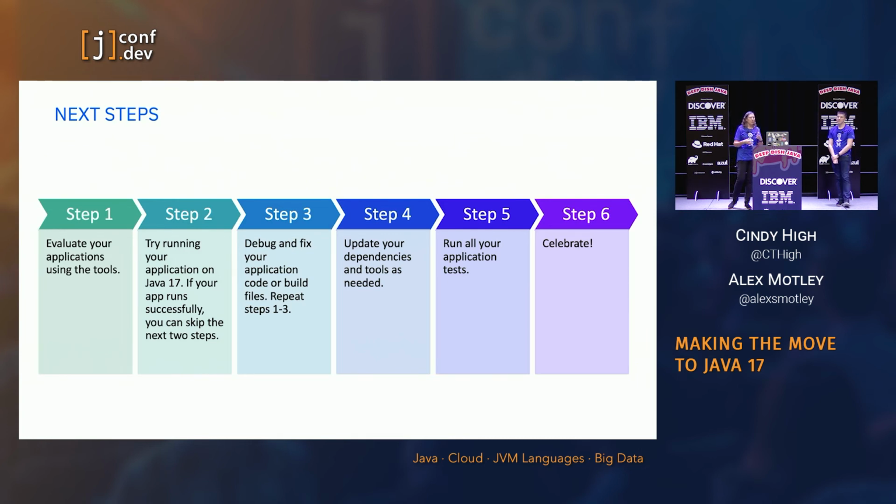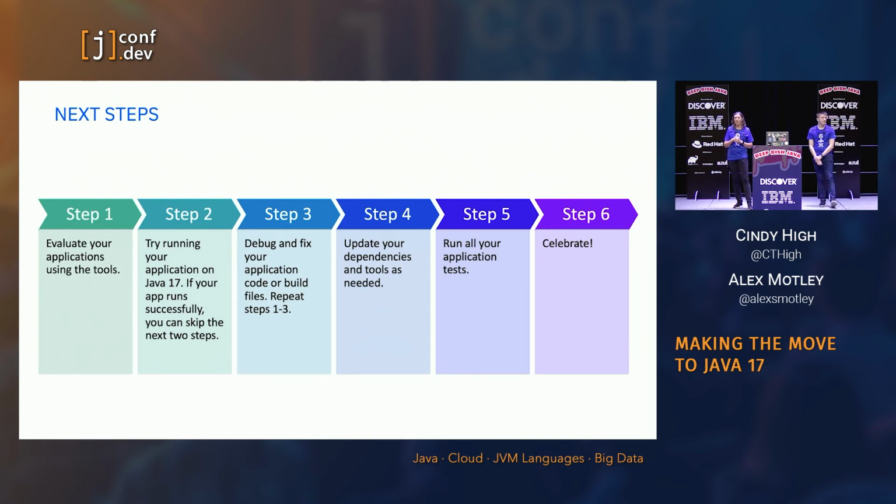But whichever way you approach it, there is lots of information to be had from the tools, and I'd love for you to try them. Try that Java 17, you get the exception, you start digging in, see what's going on, do your debugging, do your modifications, and keep going through those steps of iteration to move yourself forward. Can't stress those dependencies enough.